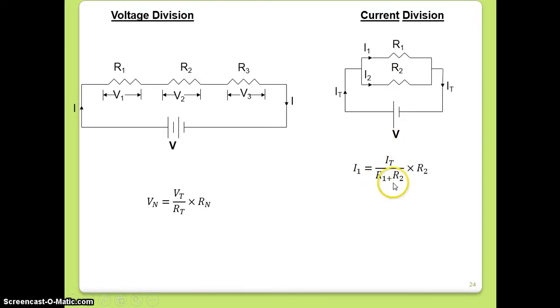I total over R1 plus R2 remains the same for all the branch calculation, but only this resistance value changes. And you need to be very careful here, and the students often make mistakes in taking this second branch resistance. Once again, if you want I1, it's multiplied with R2. If you want to calculate I2, you will multiply with R1.